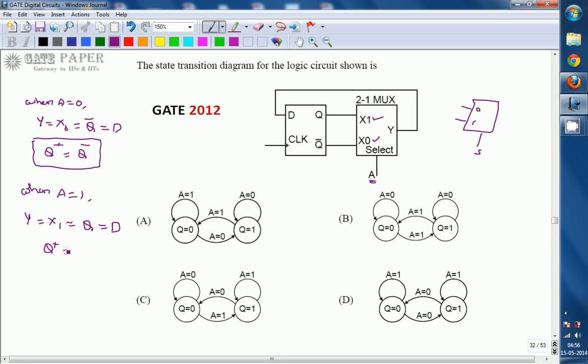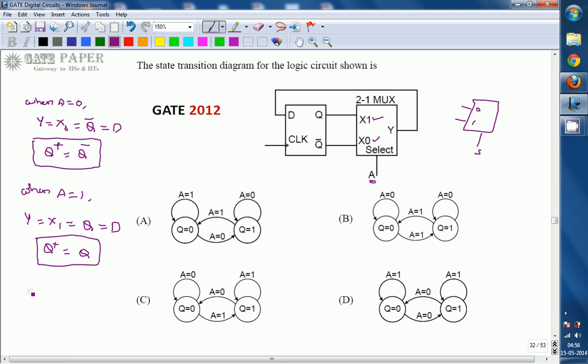So q plus is equal to q itself. Previously, whenever A is equal to 0, q plus is q bar, the complement of q. The value of q itself is the next state whenever A is equal to 1.